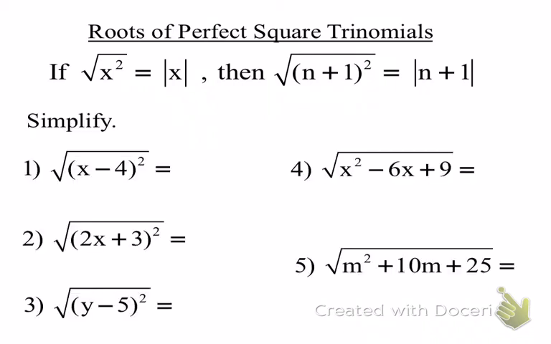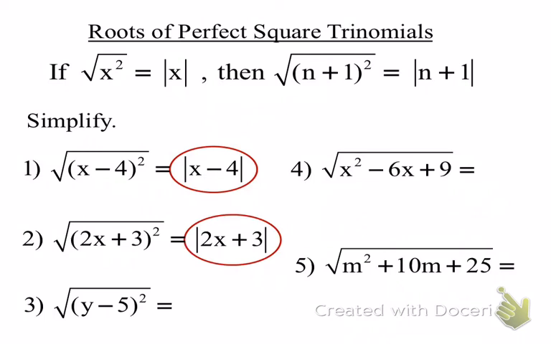So let's look at when I take the square root of x minus 4, what is the answer? Yes. X minus 4 in absolute value. Absolute value of x minus 4. What would number 2 be, please? Yes. Absolute value of 2x plus 3. Good. What would number 3 be, please? Bella. Number 3 would be y minus 5.